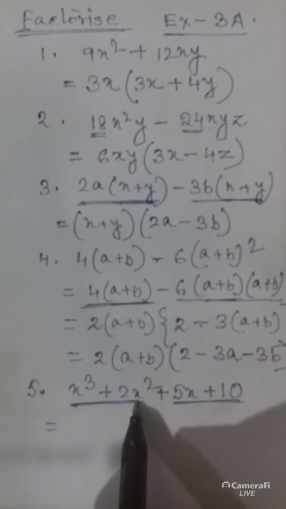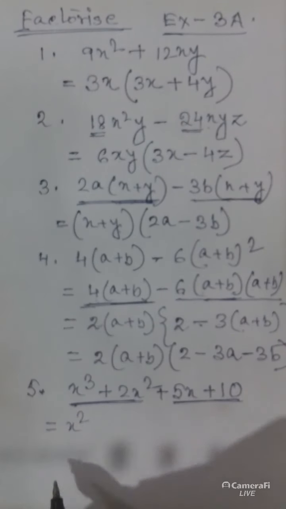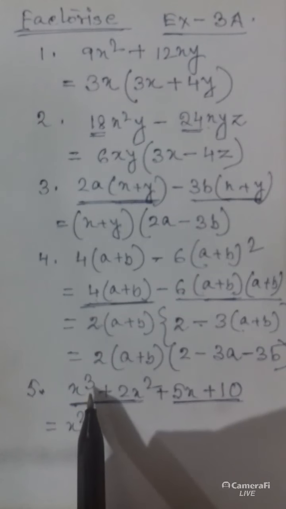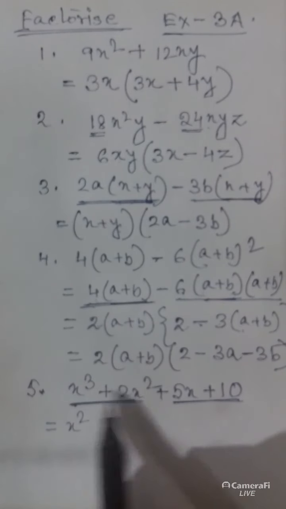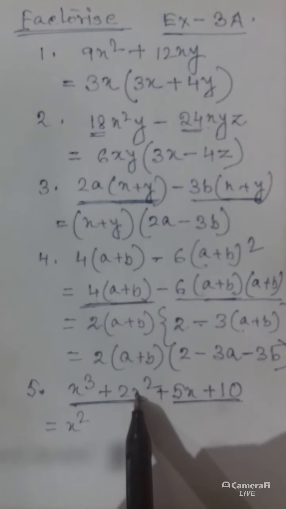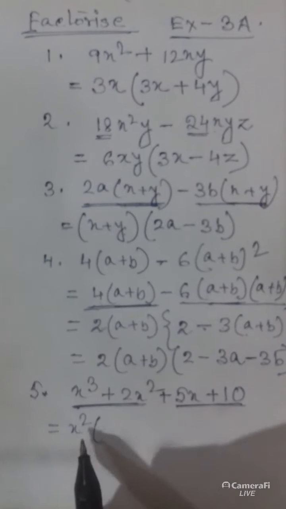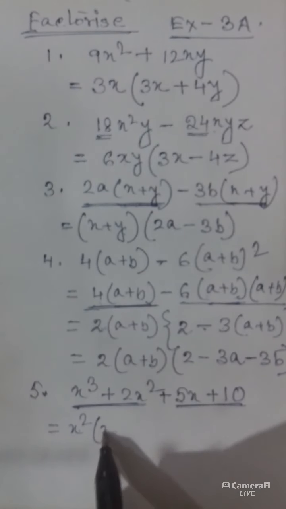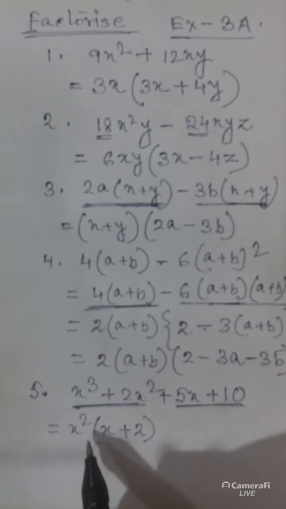In this group, x cube plus 2x square, x square is common. In x cube the power of x is 3 and in x square the power of x is 2, so the lowest power is the HCF of these two terms. So x square is common, then x is left, plus 2 is left.